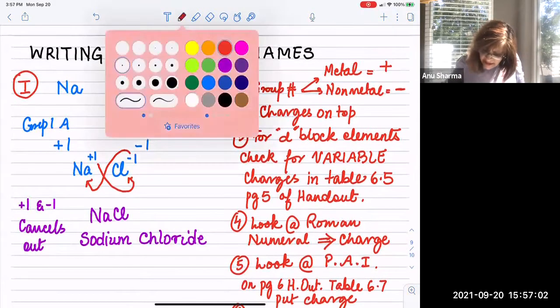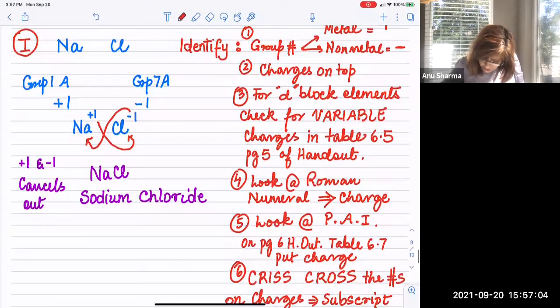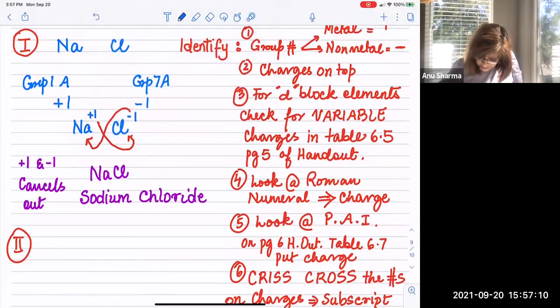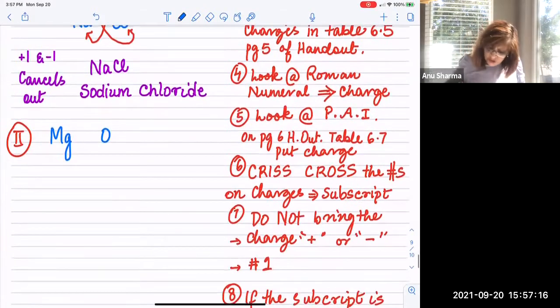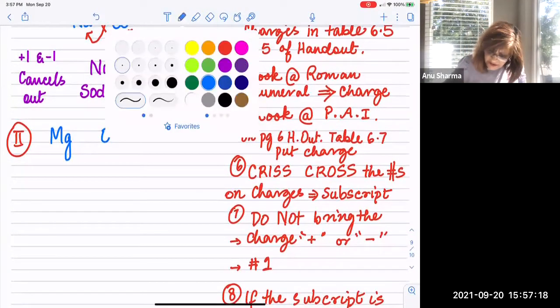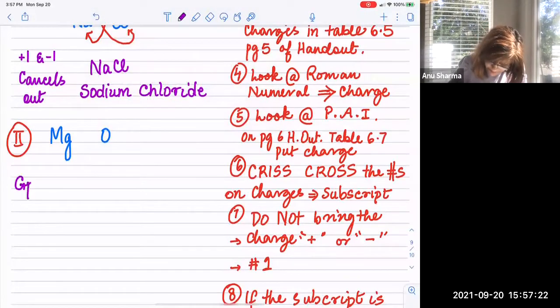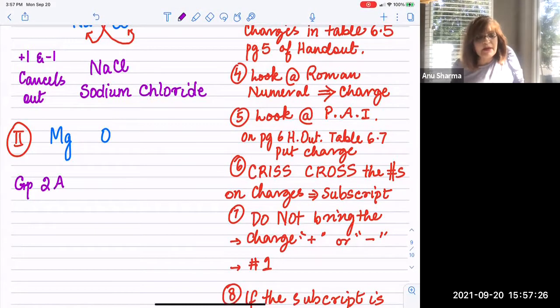Now let's look at another one, number 2. Let us say we have magnesium, Mg, and oxygen combining together. Let's write the group numbers. The group number for magnesium is group 2A; you need to look at the periodic table.